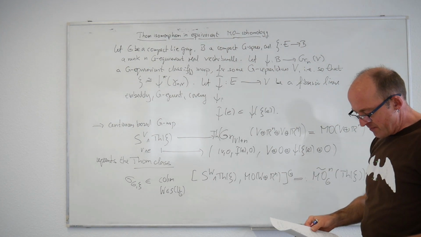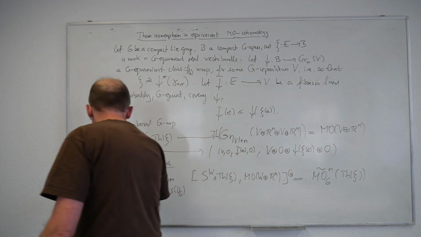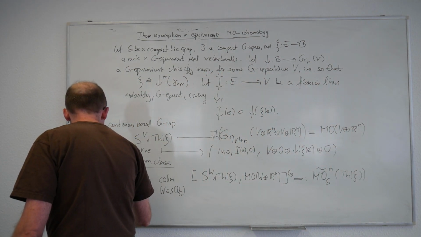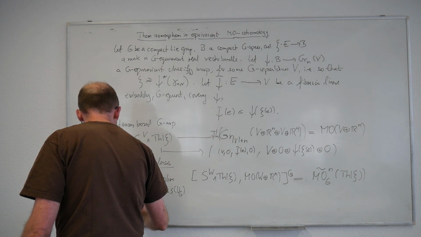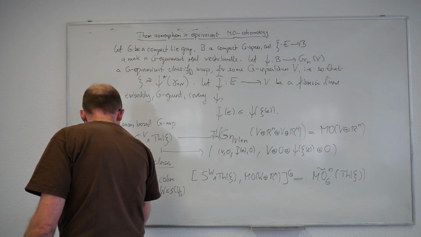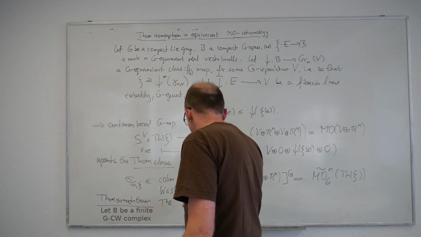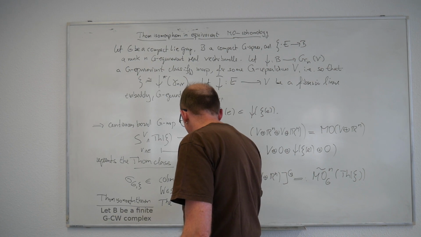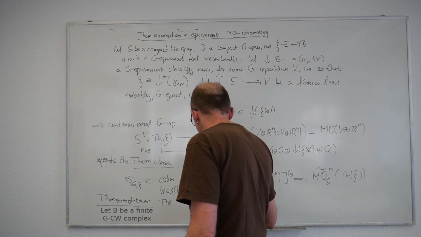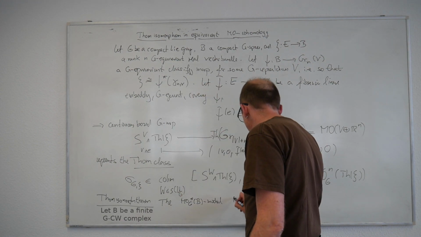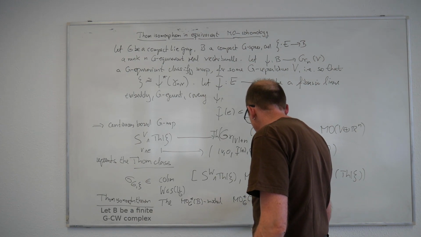The Thom isomorphism theorem can now be formulated. The module MO_G upper star of B is a module over MO star G of the Thom space of Xi.